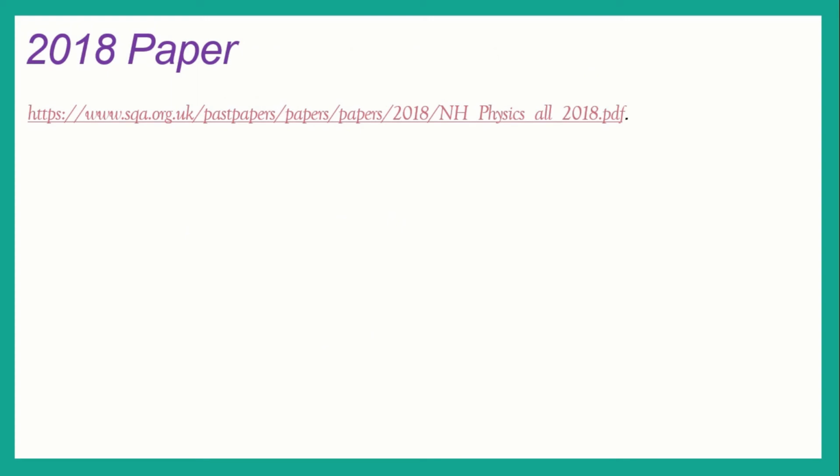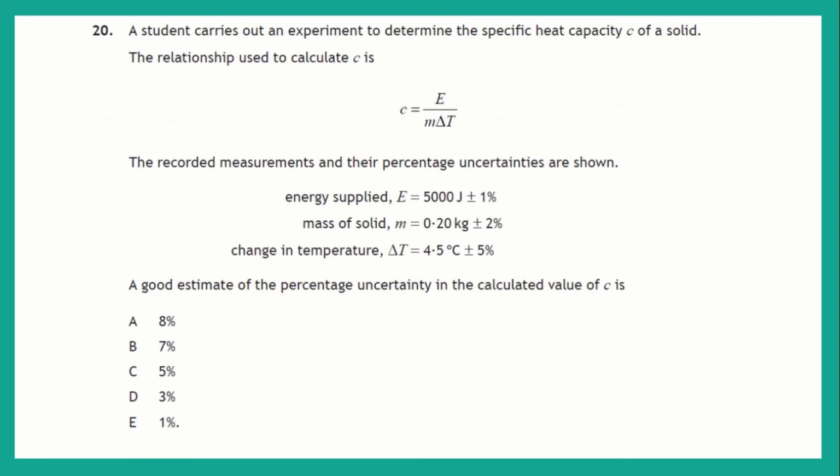The second question I would like to go over is from the 2018 exam paper. Again, the link is on the screen if you want to go to the website and download it yourself. It comes from question 20 of the multiple choice section. A student carries out an experiment to determine the specific heat capacity of a solid.